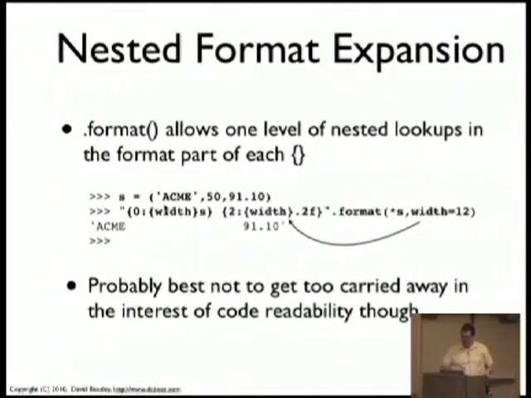That's a more advanced usage. Maybe you don't want to get too carried away with that because your code will become really hard to read afterwards. But it is something that's available. Yeah, it's like the star in the old percent star F. It's analogous to that.